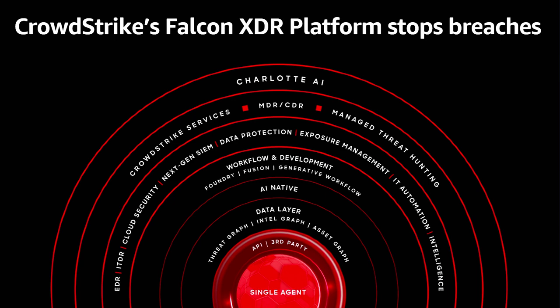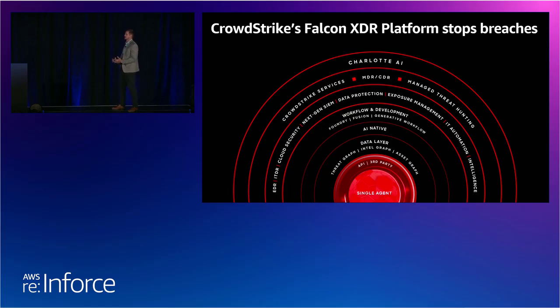We're collecting telemetry from endpoints, from cloud workloads, identity, and third-party sources. And everything that we see, we're correlating and understanding at this data layer, understanding the behaviors of the adversaries, understanding how assets are connected, understanding everything that we need to from an intelligence standpoint. And all of this is shared with our customers.